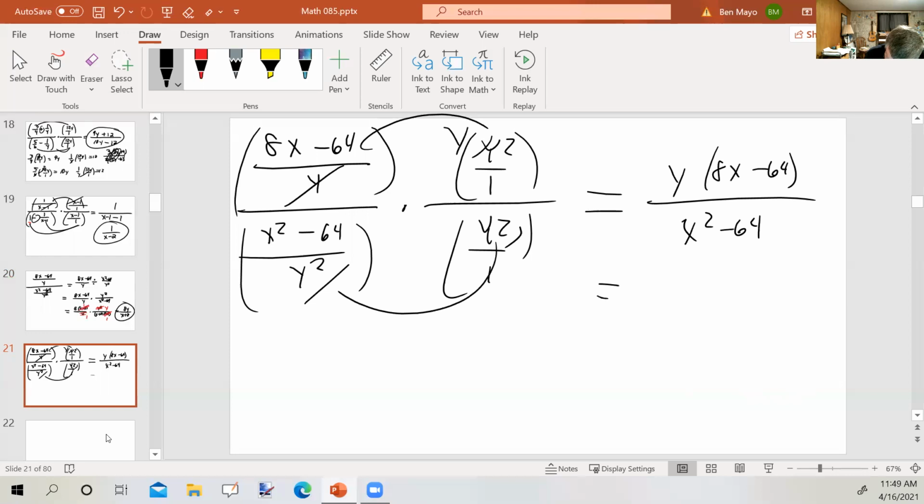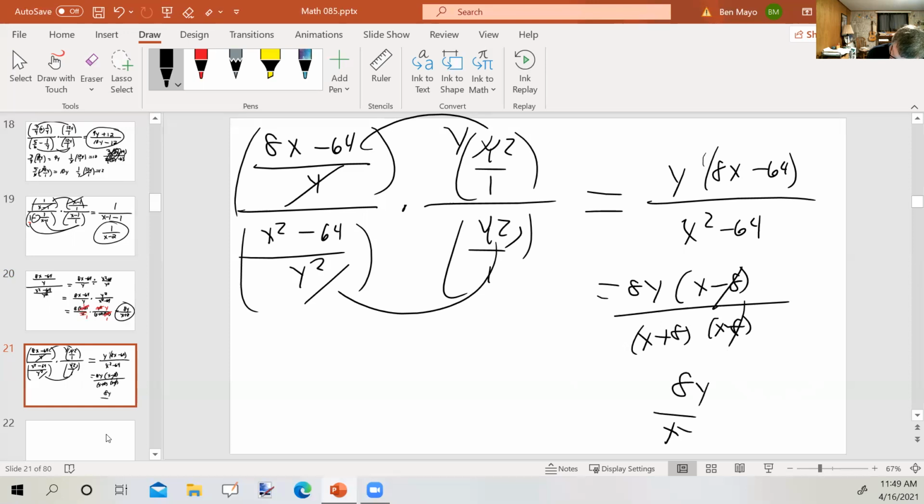I've got y times what? Take out an 8 and have x minus 8. Okay, I just took the 8 out of here and moved it out front. And then x plus 8, x minus 8, those reduce out, 8y over x plus 8. That perhaps was a little harder to follow what happened right there, but the results are the same.